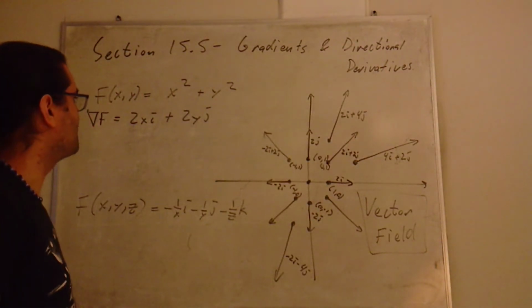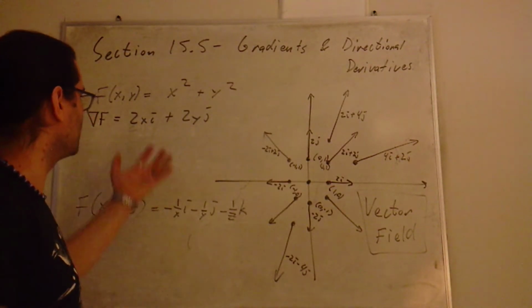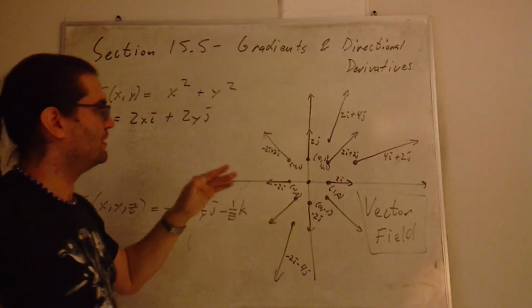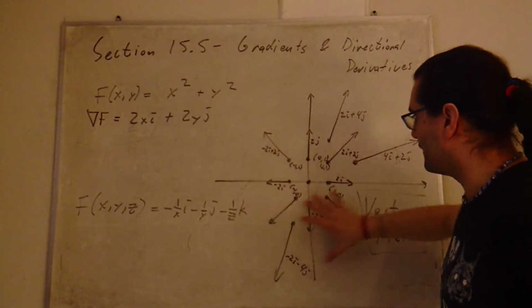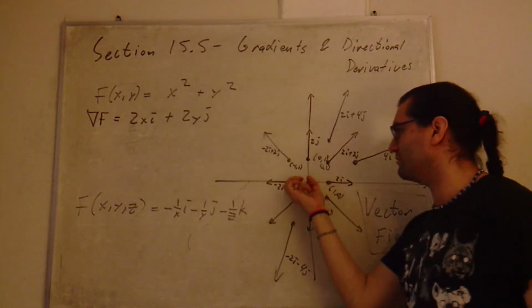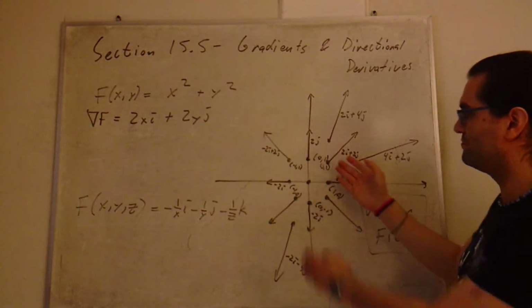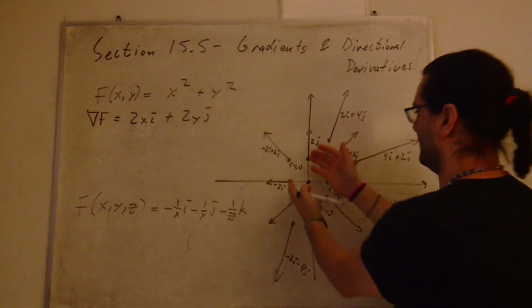I think the first big thing that I want to note about this gradient is that if you picture a vector field like this, try to picture the paraboloid coming out of the board at us, at the camera.